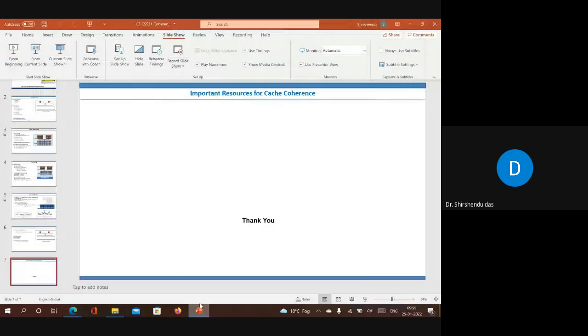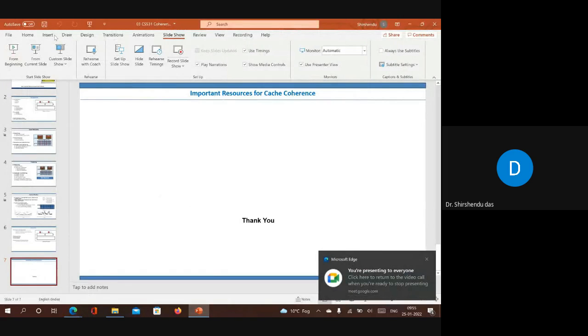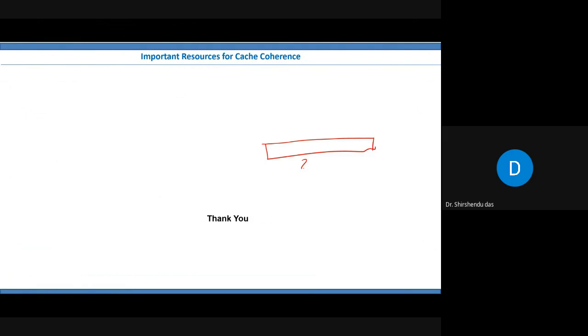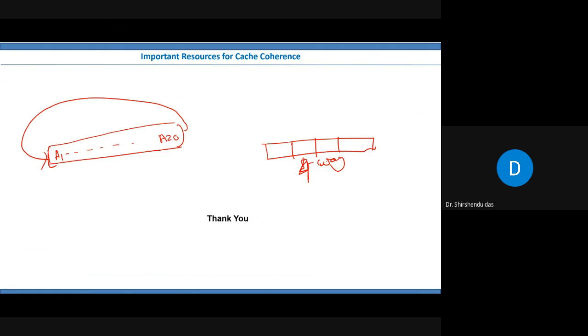So, in case of thrashing, suppose this is your cache and there are only 4 ways available, and you have an application here. This is your application, A1 to A20. There are 20 blocks it is requesting, and after this it is again going and requesting A1.